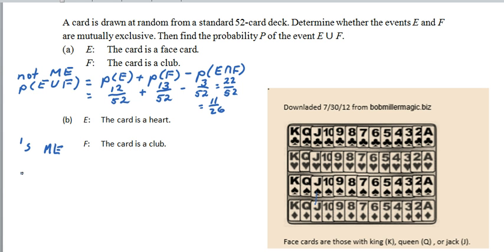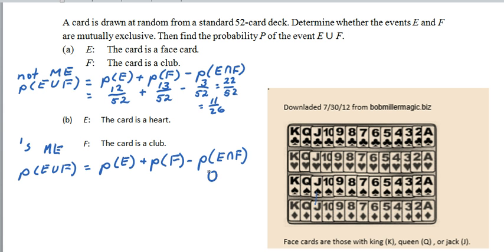So in this case, the probability of E union F, probability of a heart or a club, is the probability of the first event plus the probability of the second event. Still subtract the probability of the intersection, but the intersection in this case is 0.